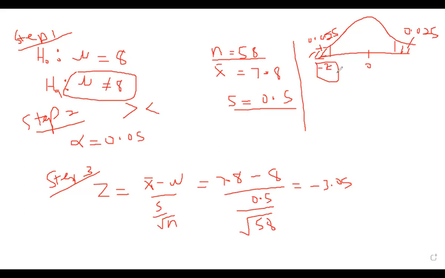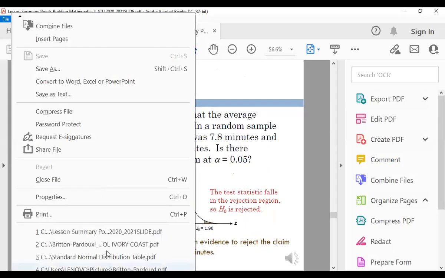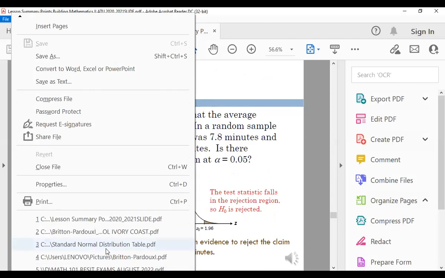Okay, which will take us to our standard normal table. We have to go to the table and find the probability of 0.025. So I'm going to first, yes, let me attempt opening my table from here. It will take a while, but we have to.